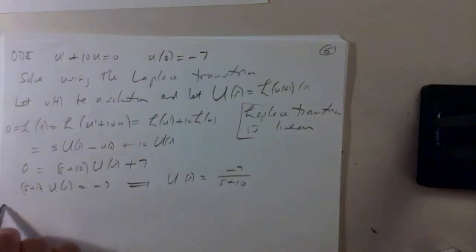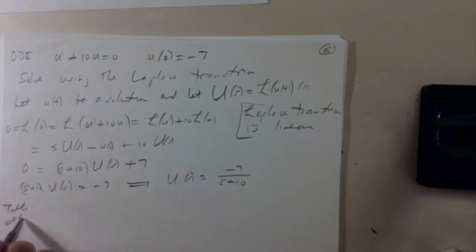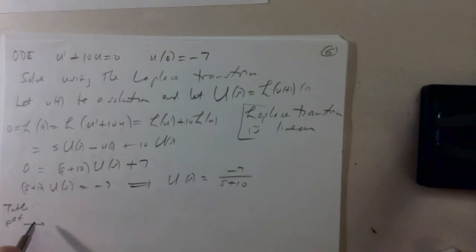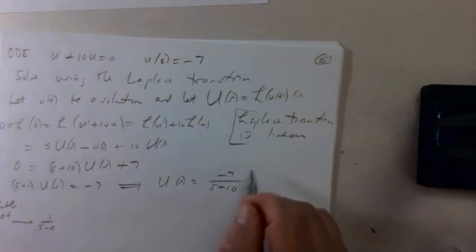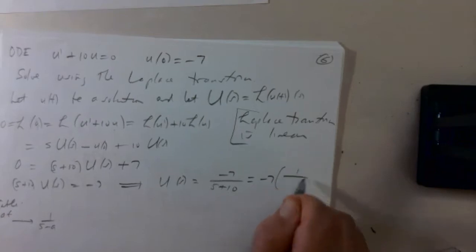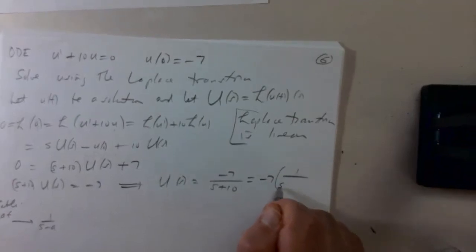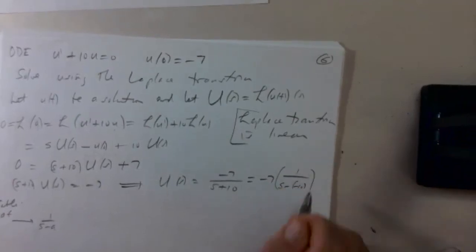So if we look at the table, we see that if you take the function e to the at, its Laplace transform is 1 over s minus a. So we can write this as minus 7 times 1 over s minus 10.